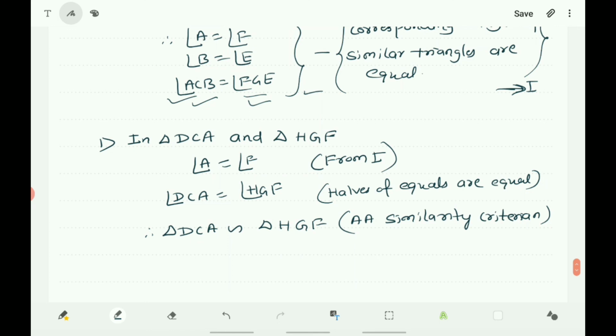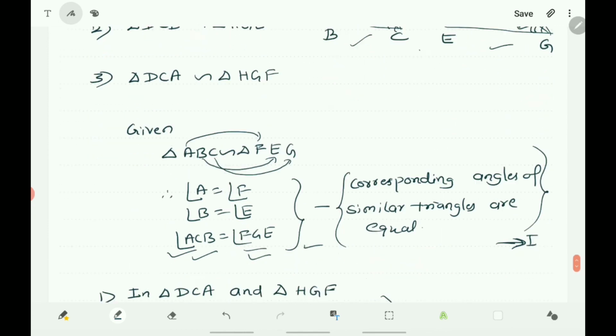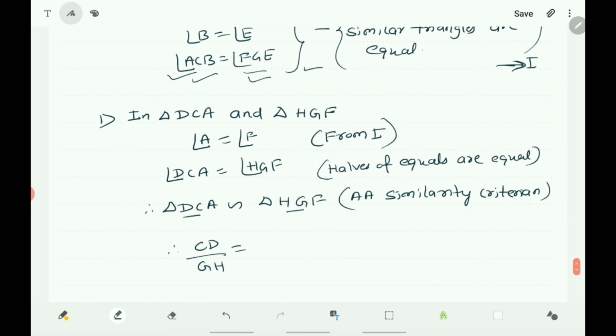Therefore, CD by GH is equal to AC by FG. You know that the ratio of the corresponding sides of similar triangles are equal, or they are in proportion.